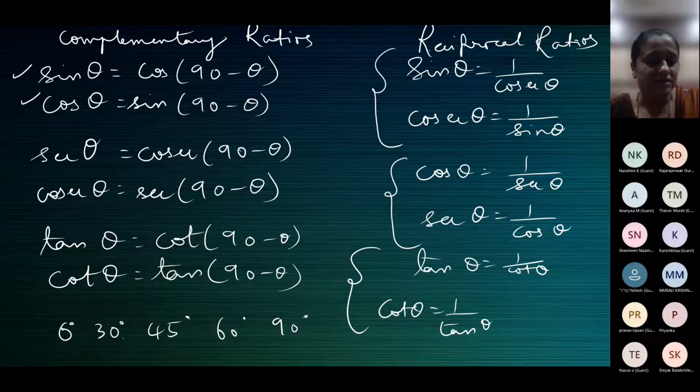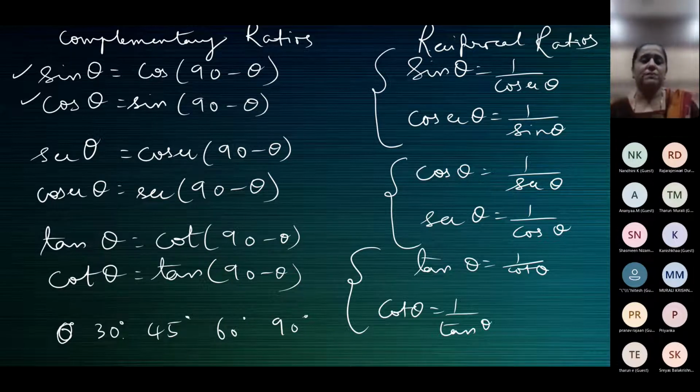So these are the standard angles, 0 degrees, 30 degrees, 45 degrees, 60 and 90 degrees. You need to remember the values of sine 0 degrees, sine 30 degrees, sine 45 degrees, sine 60 degrees, sine 90 degrees. Similarly, cos 0 degrees, cos 30 degrees, cos 45 degrees, cos 60 degrees, cos 90 degrees, tan, cosecant, secant, and cot.